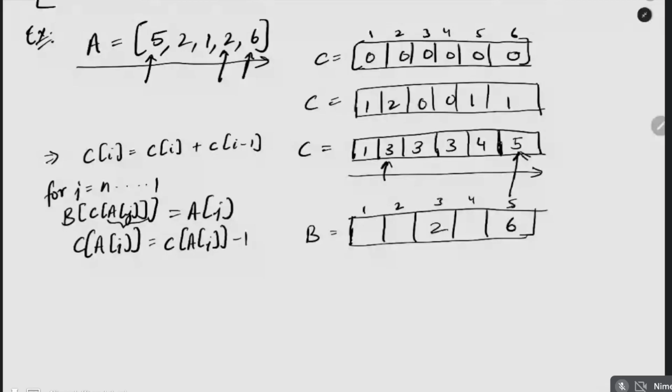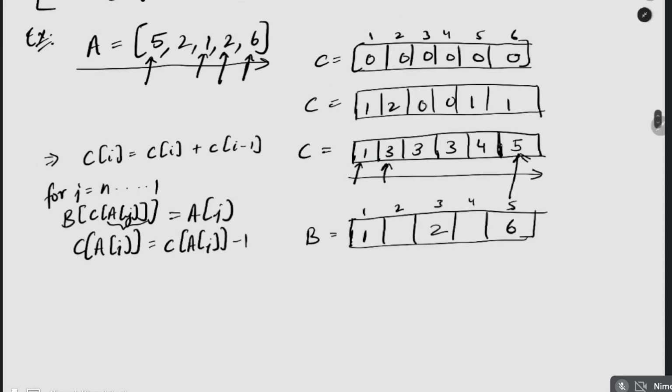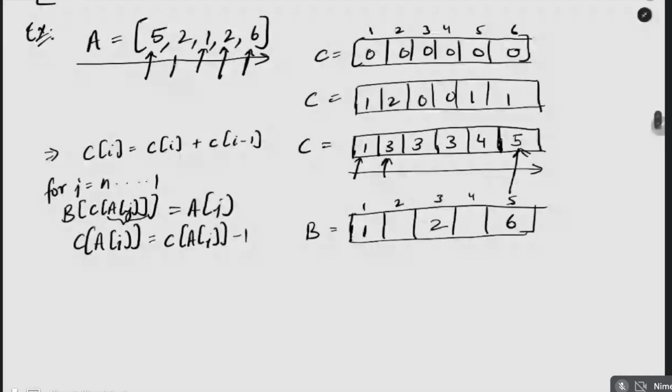So then we encounter 1. So 1 is here. So the index for 1 is 1, right? And then we come to 2. So for 2, it was 3 before, but then we subtracted 1, so it had become 2, right? So it goes into the index 2, and it also now reduced by 1.